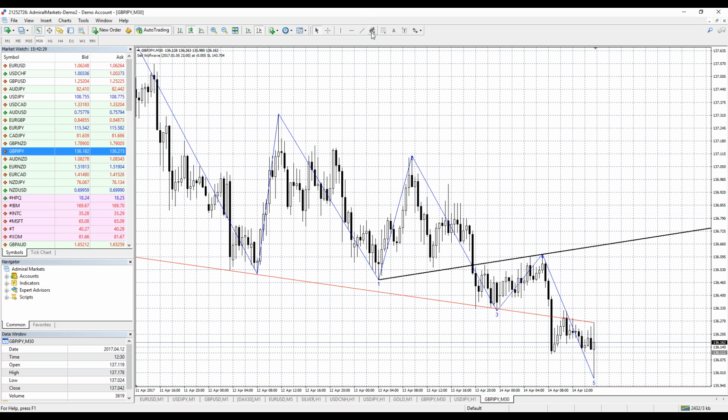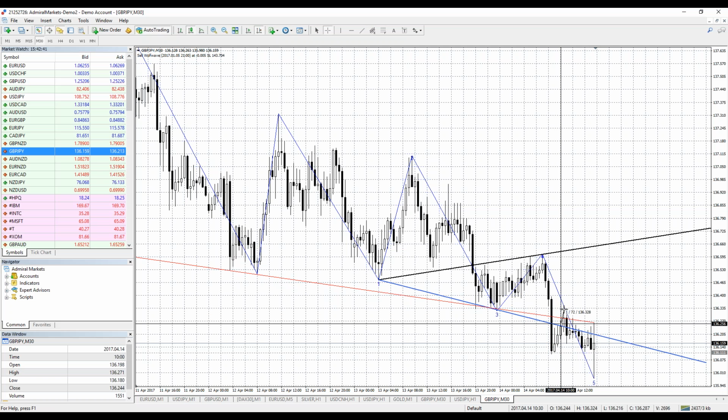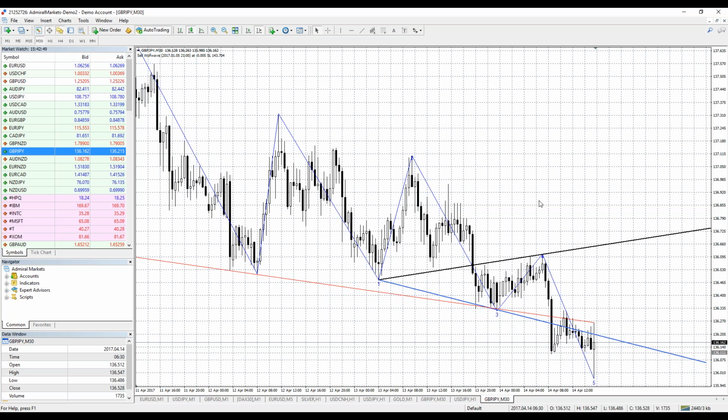But let's say that you used 1 to 3. At least here, at the breakout of this spot, you would have made something, 7, 8 pips, it doesn't matter. This is a heavy downtrend, so we don't trade Wolf waves when there is a strong downtrend. Especially not today, because today is a bank holiday.